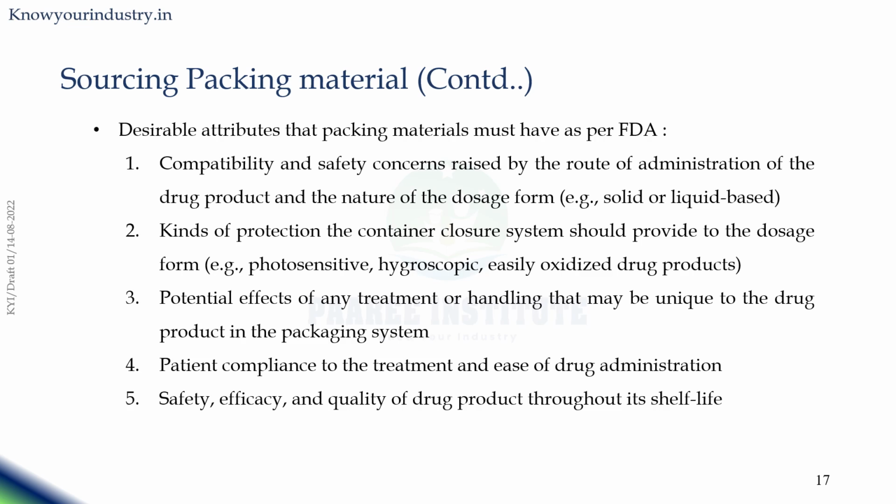Also, certain easily oxidized products need to be controlled with a suitable packaging system, and hygroscopic materials should be packed, at least primary and secondary, with a certain level of inert gas.